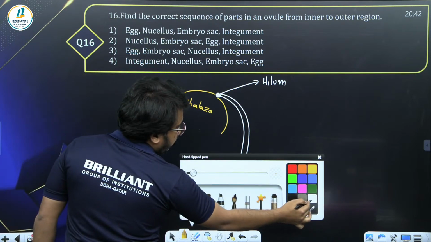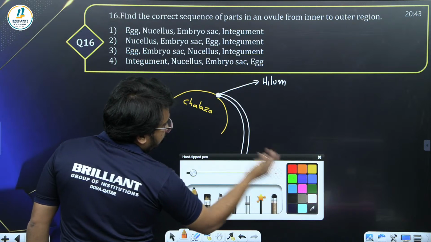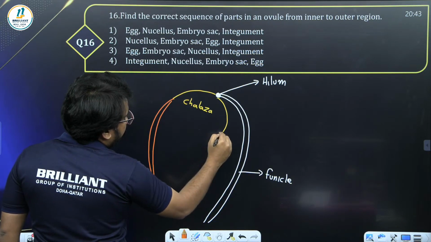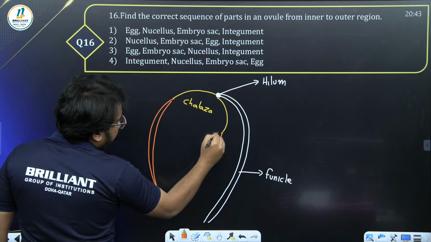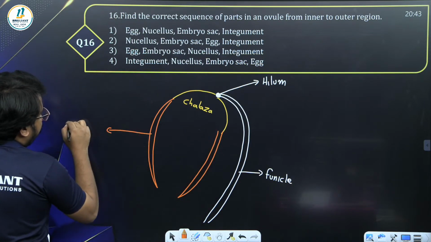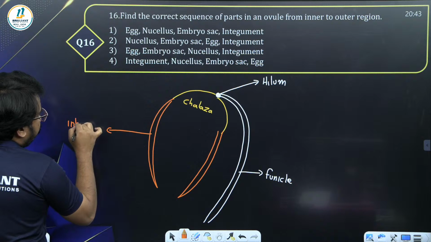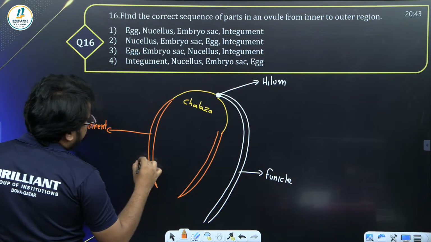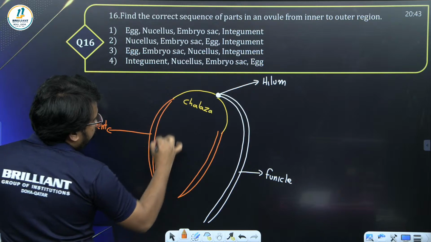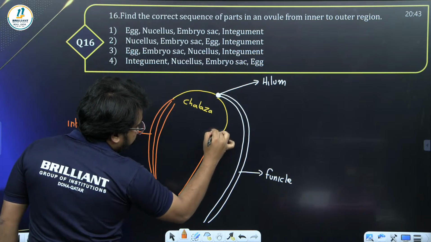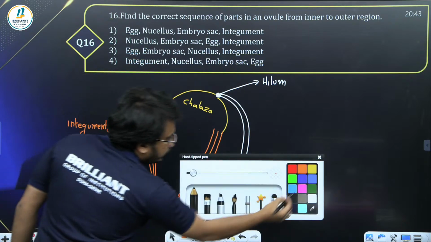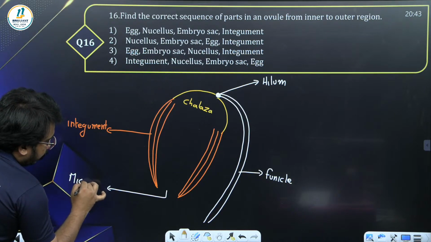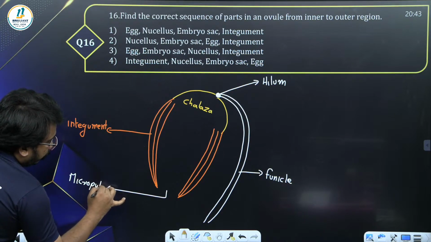And there is an extension coming from the chalaza that forms the seed coat in future. What is that structure? Integument. There is an inner integument and also an outer integument, so 2 integuments are coming. There is a region where the integuments are not fusing. That region is called the micropyle.